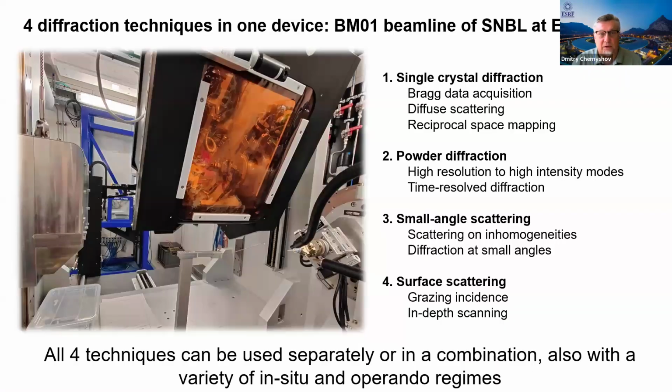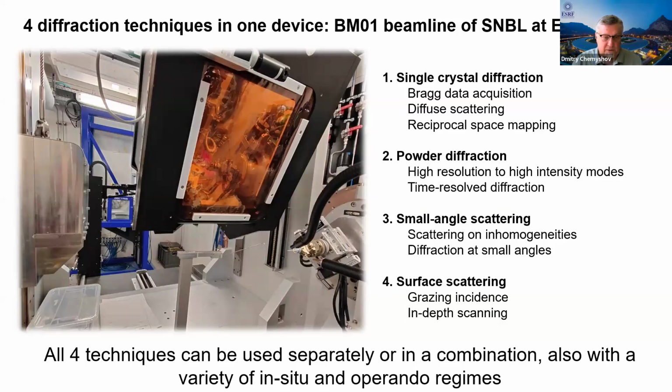So the BM01 beamline, the Swiss-Norwegian beamline at ESRF, combines four diffraction techniques in one device. We can do single crystal diffraction, normal Bragg data acquisition, we can measure diffuse scattering, and we can do high resolution reciprocal space mapping. The same can be done with powder diffraction, either in high resolution or high intensity mode, and time resolved diffraction within the flux density available to us is sub-second.